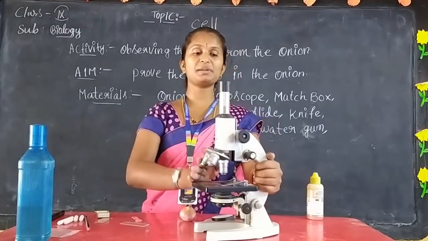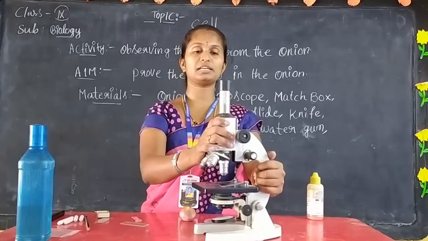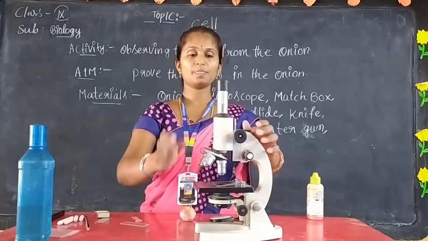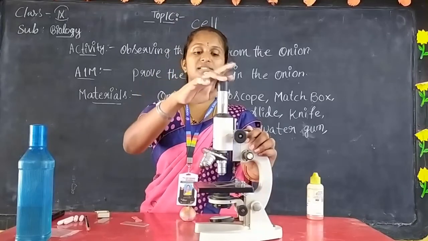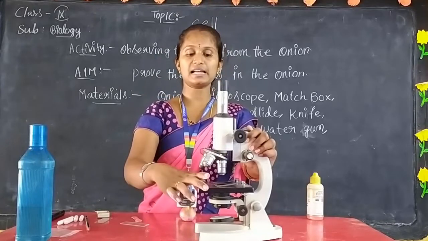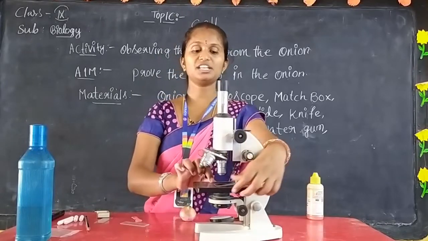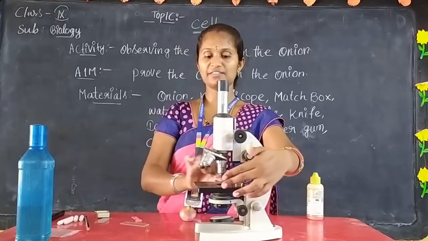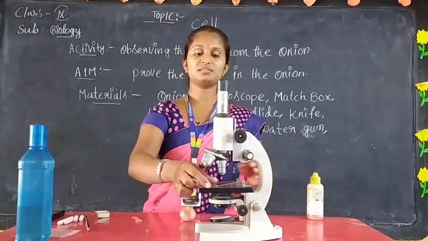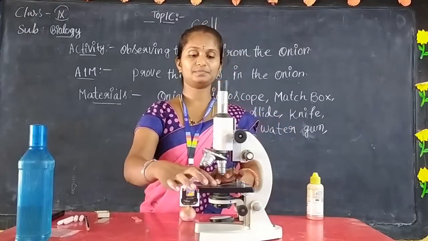When we start the experiment, first a little brief explanation about the microscope. This is the eyepiece, these are the lenses, and this is the base. These two are the clips to keep the slide.